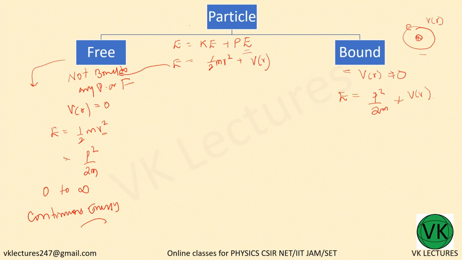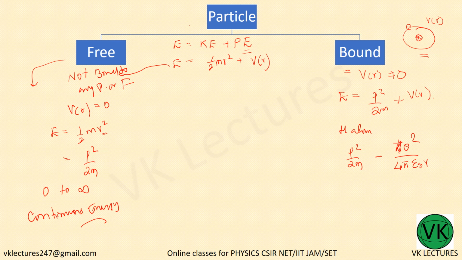Let us take this example. In a hydrogen atom, we can write the total energy as p square divided by 2m minus z e square divided by 4 pi epsilon naught r. Now this z you can remove because we are talking about the hydrogen atom, so e square divided by 4 pi epsilon naught r.